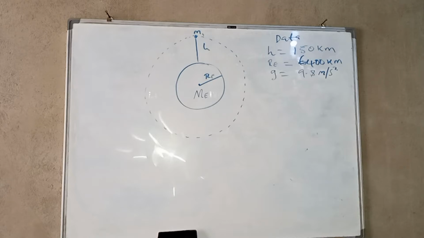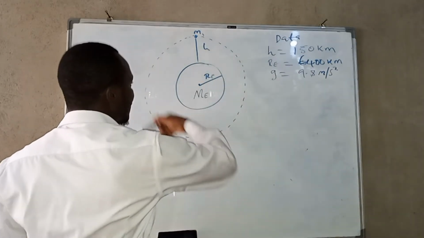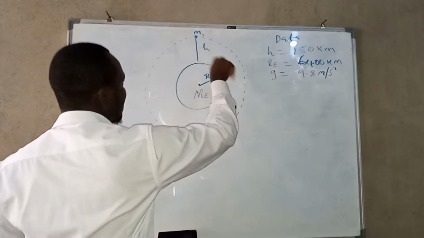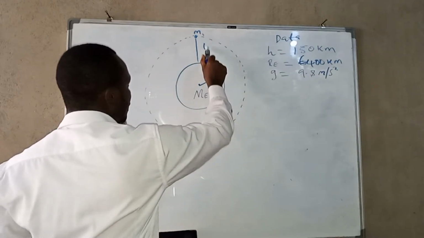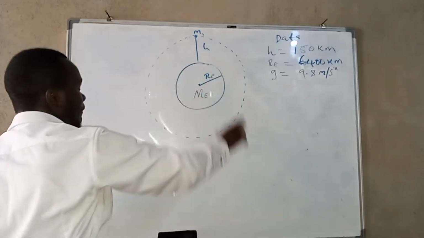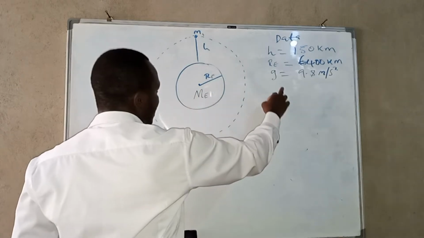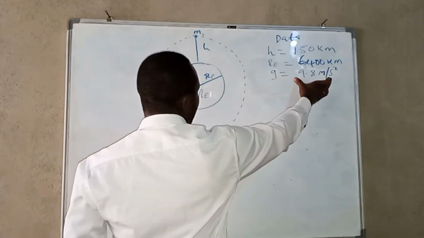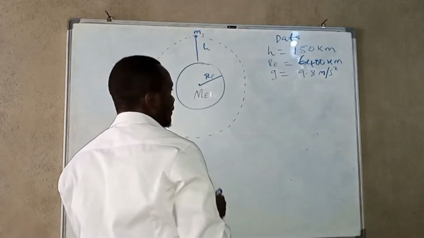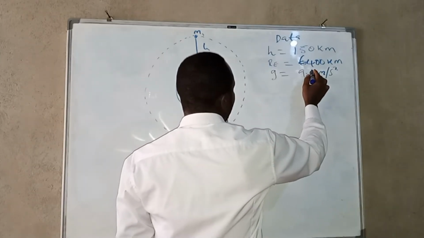So this is the question that we're going to consider. We have this data of this satellite that is orbiting the Earth at this altitude, where this is the radius of the Earth, and this is the gravitational field strength, which is 9.4 as the question demands.